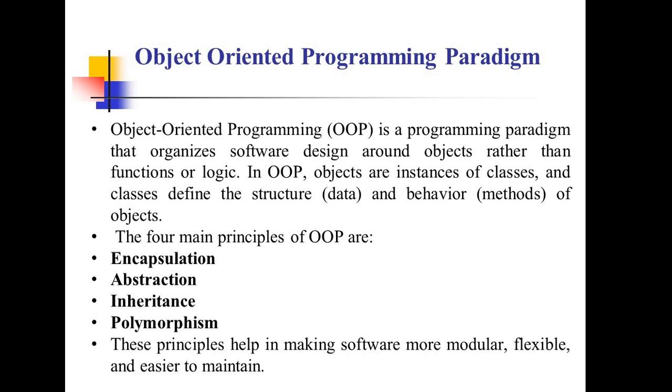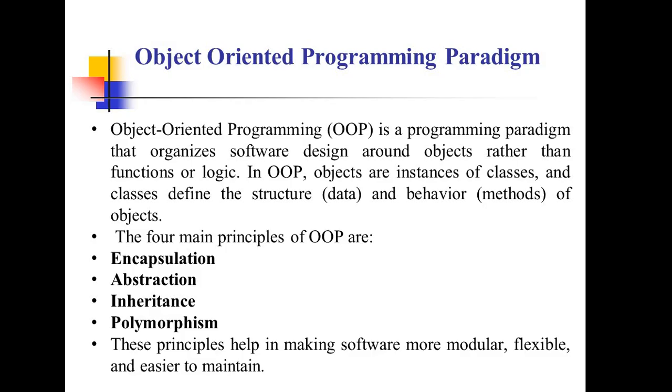Attributes are data associated with the object, while methods are the actions or the functions that the object can perform. The four main principles of object oriented programming languages are encapsulation, abstraction, inheritance, polymorphism.